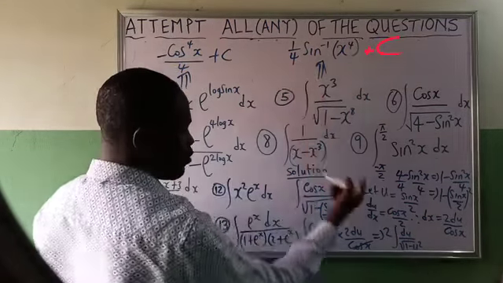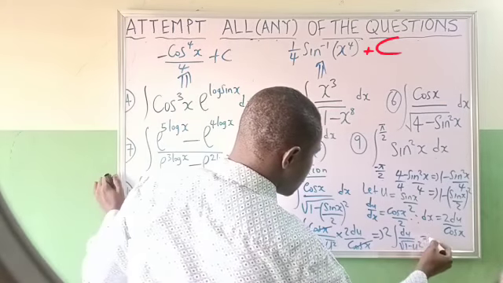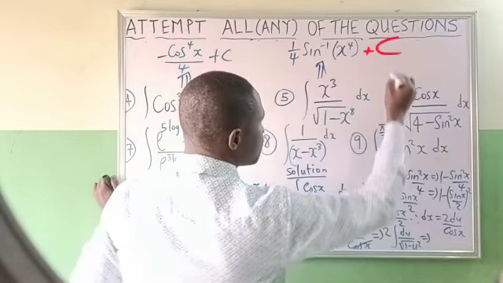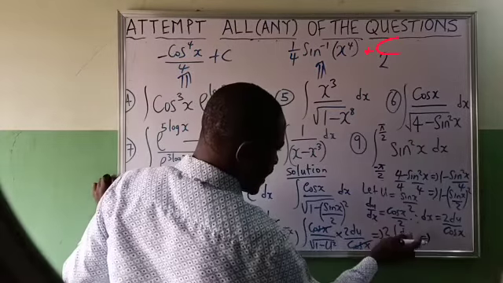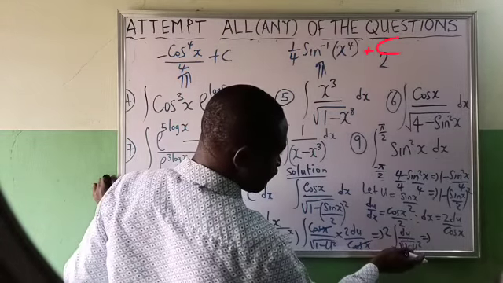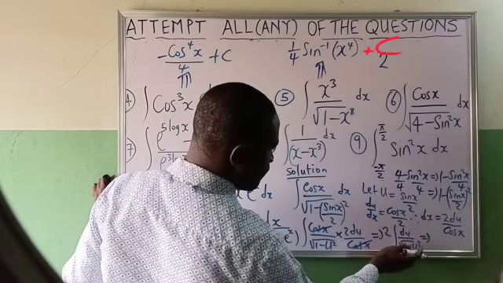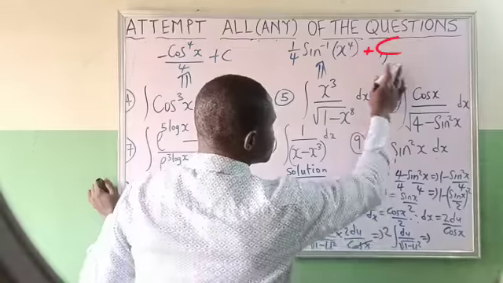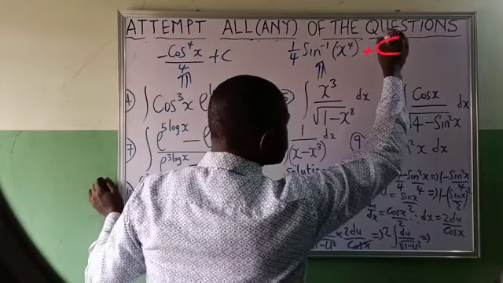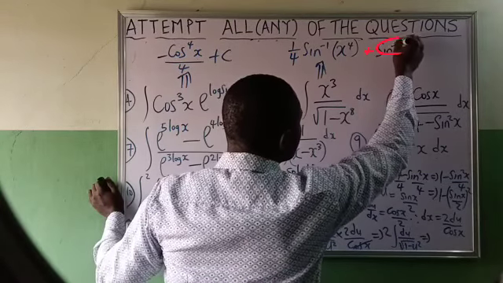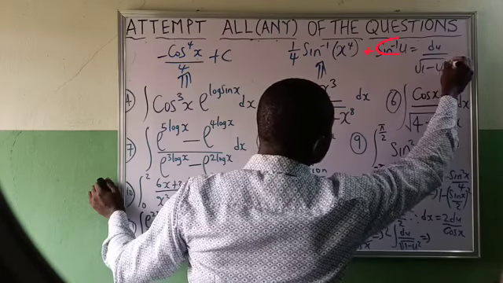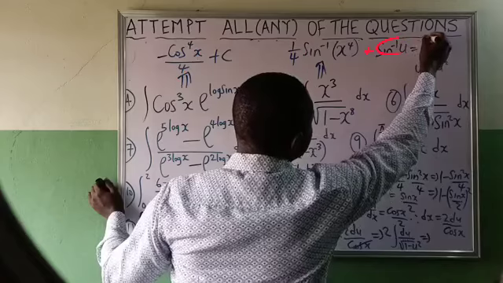So what happened here will happen here. This will be giving us 2, then sine inverse of u, because we said that du over square root of 1 minus u squared means sine inverse of u.